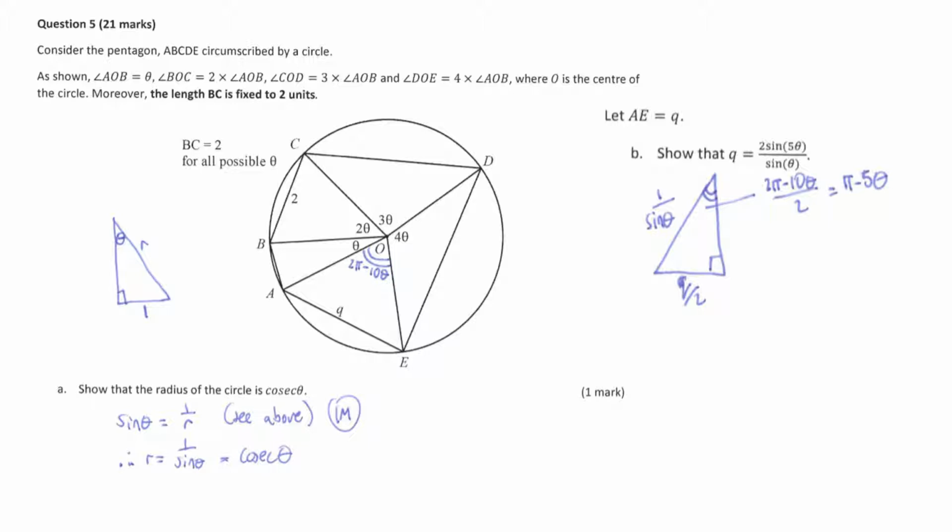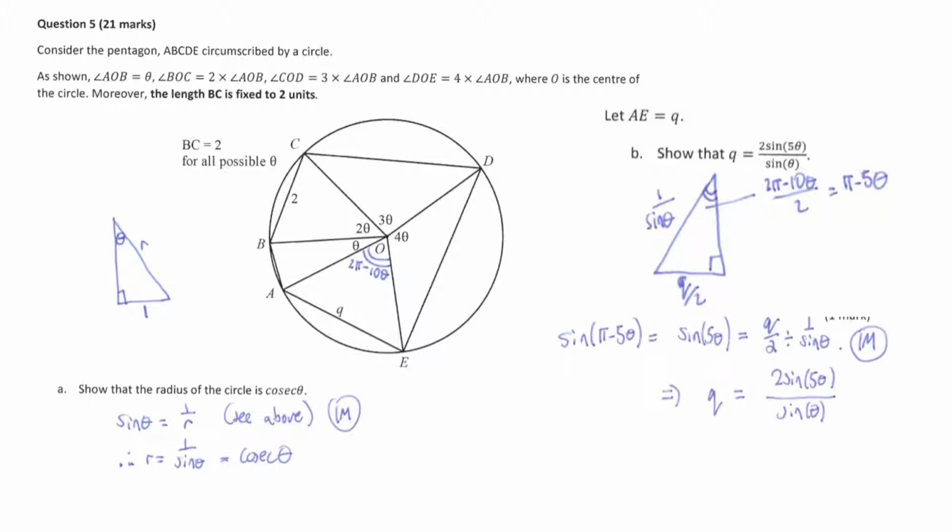The angle in there is 180 minus 5 theta, or pi minus 5 theta in radians. The opposite length is obviously Q on 2, and we've already determined the radius to be 1 on sine theta. Then it's just your good old SOHCAHTOA, but of course sine of pi minus 5 theta is just sine 5 theta. Working with that important property of sine leads you to Q.